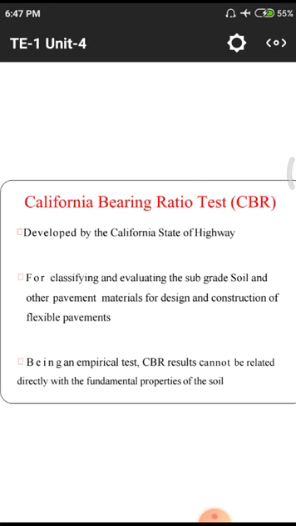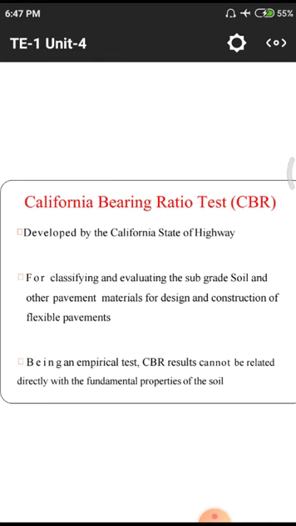Next, being an empirical test, CBR results cannot be related directly to the fundamental properties of the soil. Empirical means it is related to several things, several combinations of formulas lying on the soil properties. So CBR results cannot be related directly to the fundamental properties of the soil.